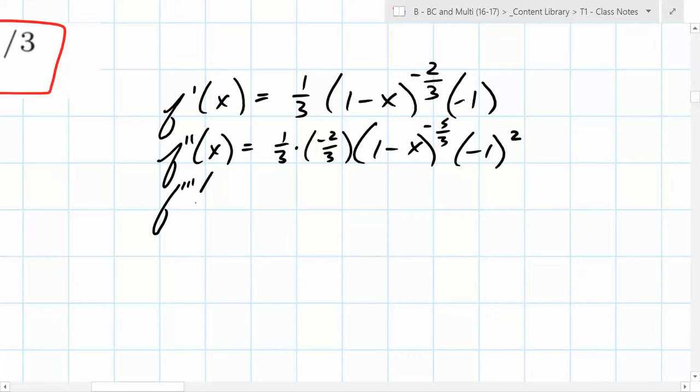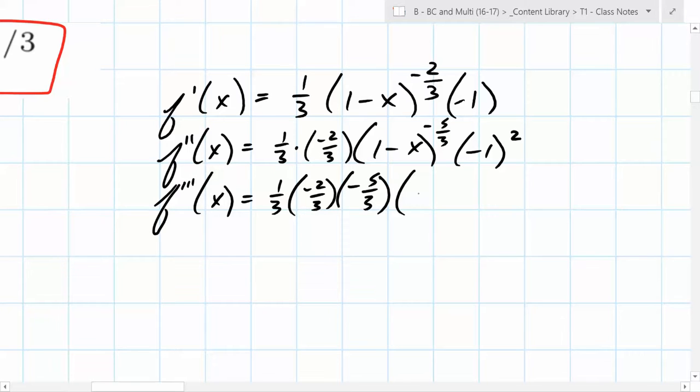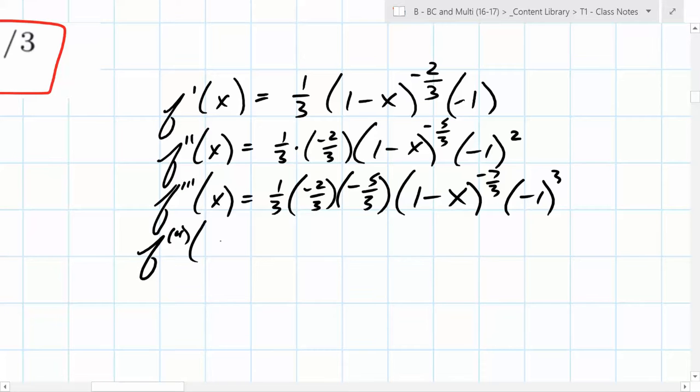F triple prime. What's that going to be? 1/3 times -2/3 times -5/3 times 1 minus x to the -8/3 times -1 cubed. Oh, finally we get to the 4th here, right? And what do we end up with? Negative 8, not 7. Thank you.